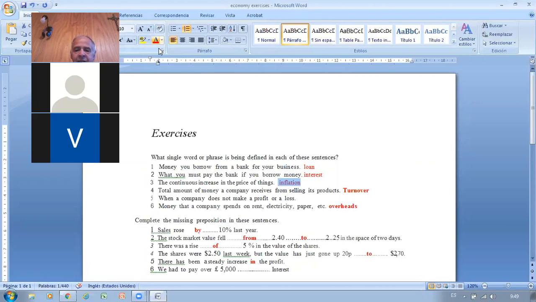Okay. Then this is a difficult one. Total amount of money a company receives from selling its products. That is called turnover. The money that the company receives when they sell the products, the turnover. Now, this is an interesting term. When a company does not make a profit or a loss.